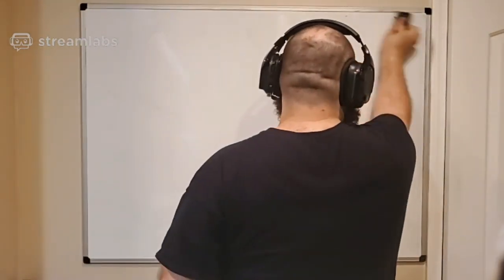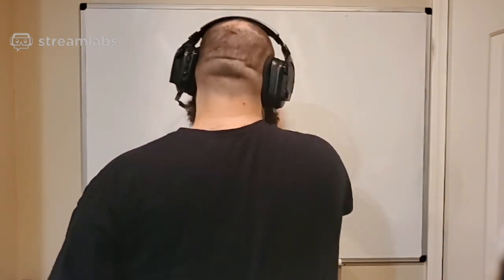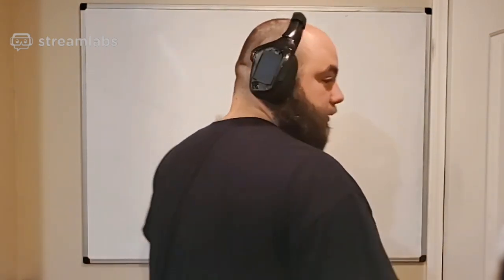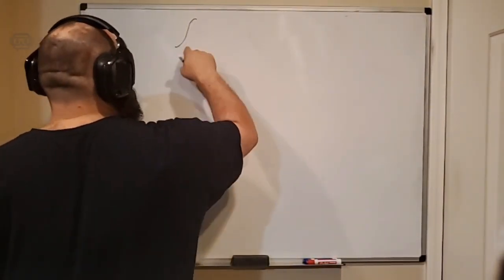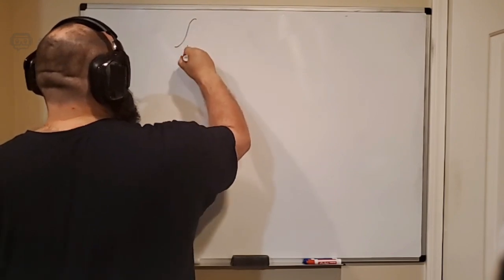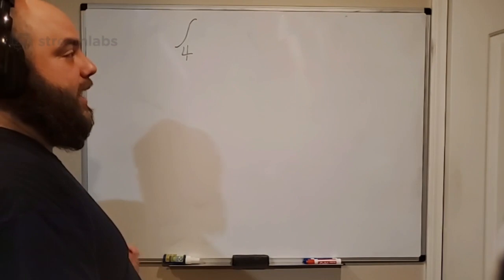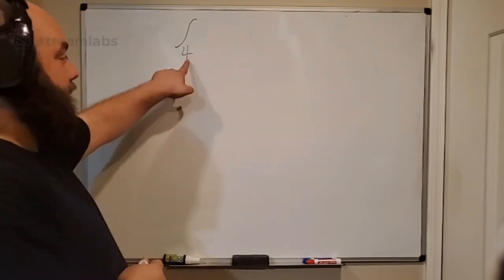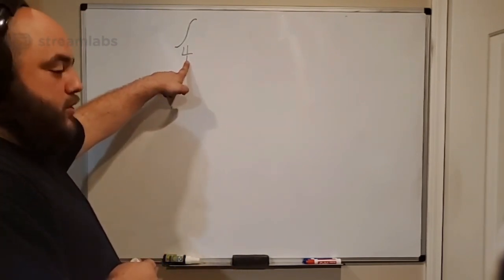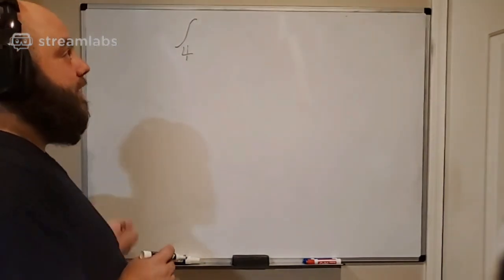But if you see it says an expression involving an integral, that typically means you're going to use a variable as one of your endpoints. So they gave us f of 4, so I'm going to use f of 4, just like we've talked about. We are looking for f of x. So if I have f of 4, 4 is going to be one of my bounds, and I'm looking for f of x. So what is my other bound?